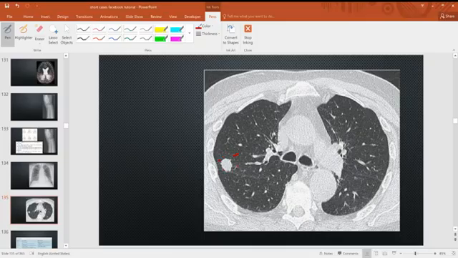And that spiculation, we call it the corona radiata sign, due to desmoplastic changes around the nodule. And also we have this one you see here, and this one here. These are the pleural tail.